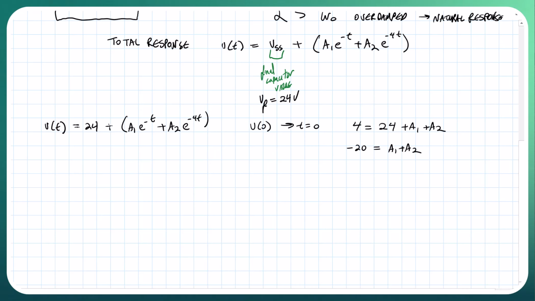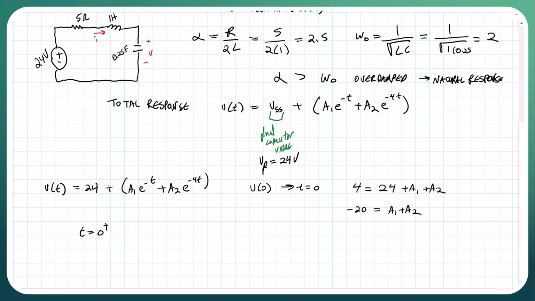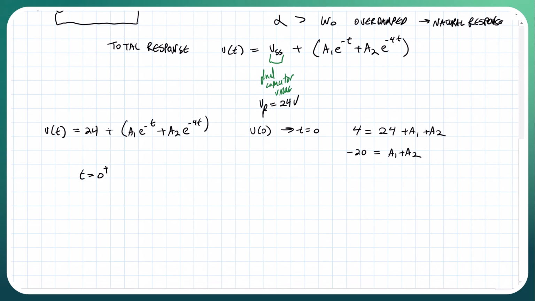And we know that the current cannot change abruptly across the inductor, and it's the same thing through the capacitor. So at t equals 0 plus, we have the inductor and then the capacitor in series.